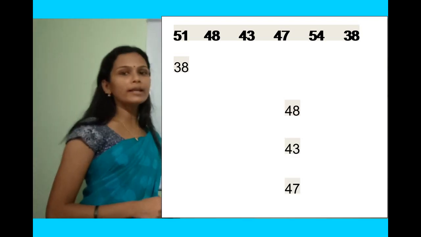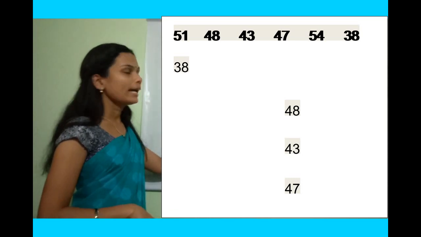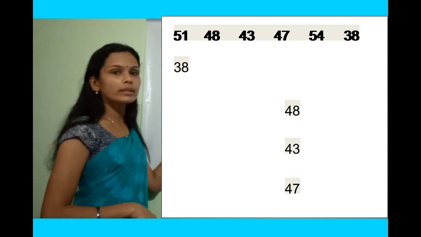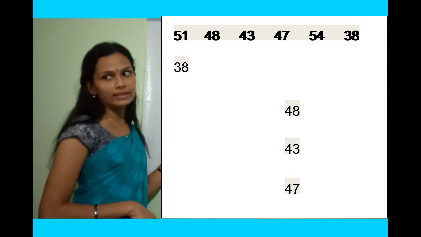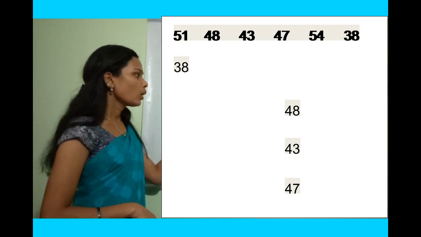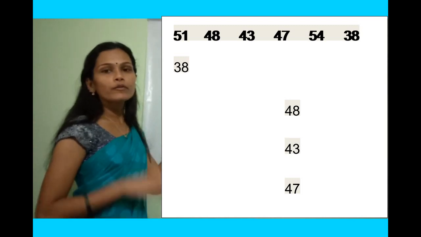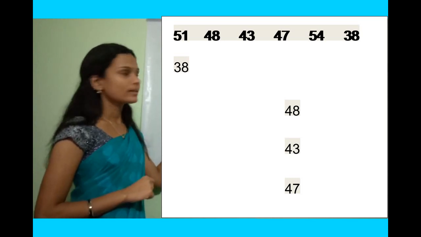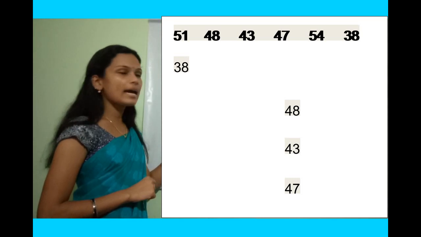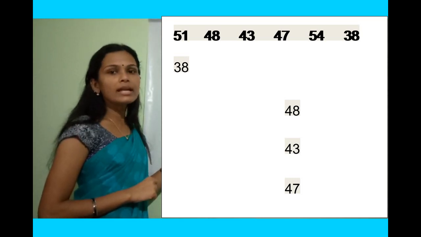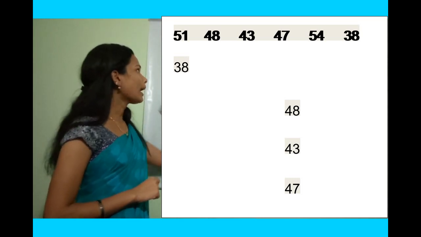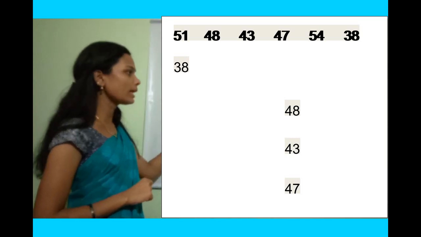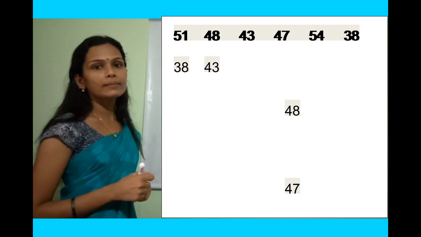Now let us find out the smaller number among 48, 43 and 47. Here as we can see, all the 3 numbers have 4 as the first digit. So compare the second digit. 8, 3 and 7. 3 is the smaller number. So after 38 we have to write 43.